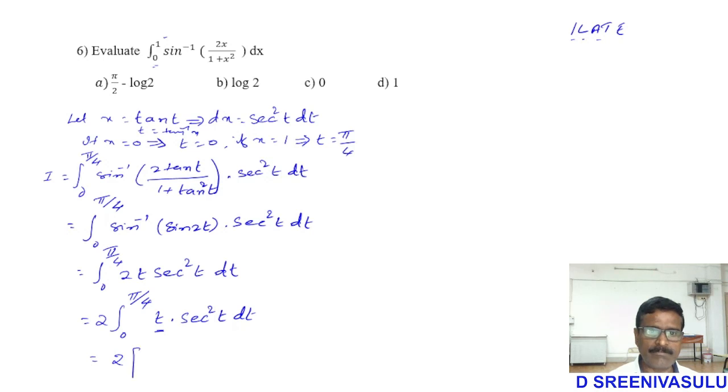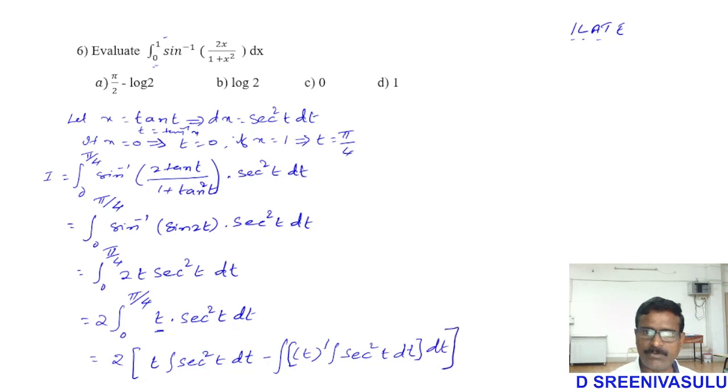UV method: first function into integration of second function, minus integral of differentiation of first function into integral of second function, into dt. Total limits 0 to pi by 4. Then you may observe clearly.